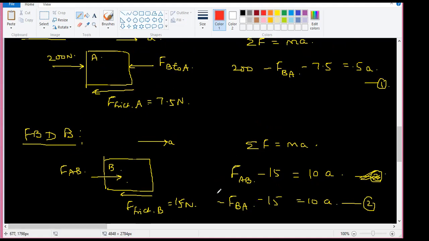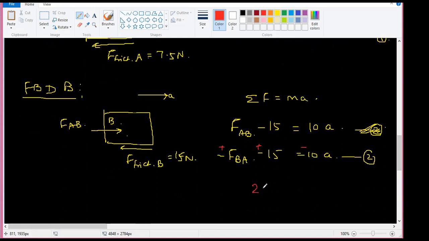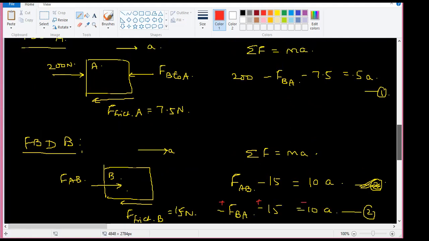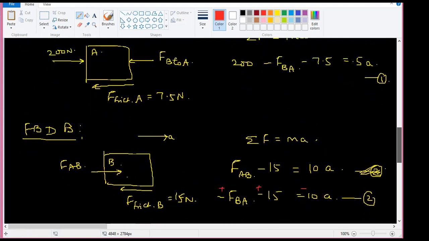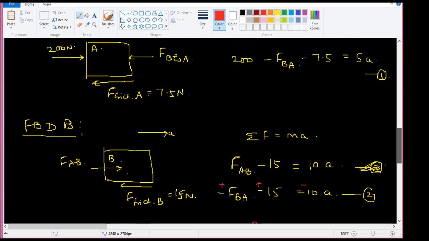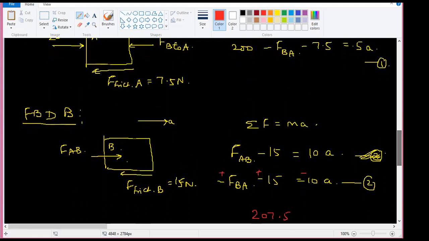So if I add 1 and 2, this and this will cancel. So 215 minus 7.5 is plus 7.5. 200 plus 7.5 is 207.5. Minus 5A.